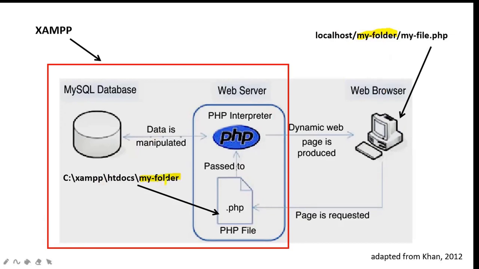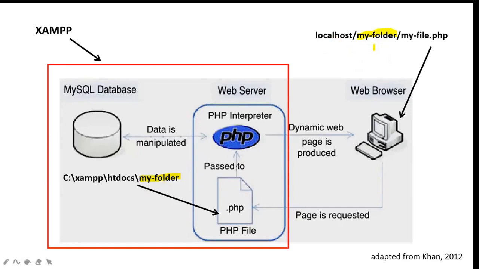It should be the same name. The folder that we are creating inside the htdocs folder and the one we are going to give in our URL. These two should be equal because that is where our PHP script is saved. So we need to correctly provide the folder name here as the URL.